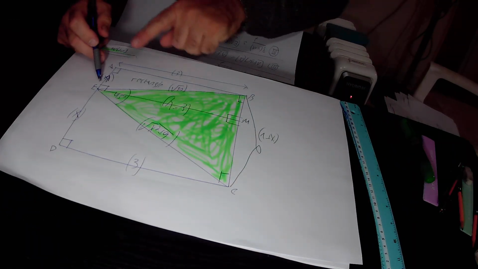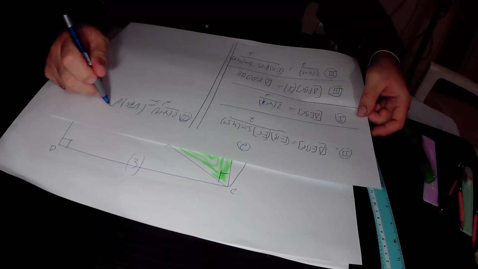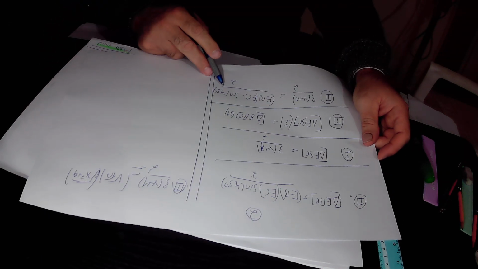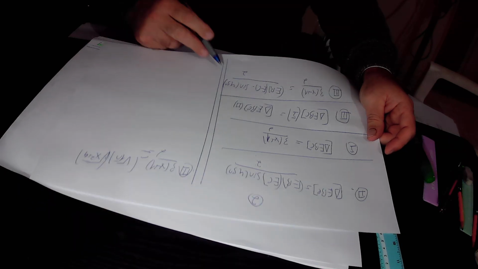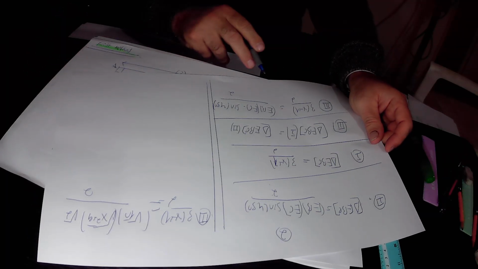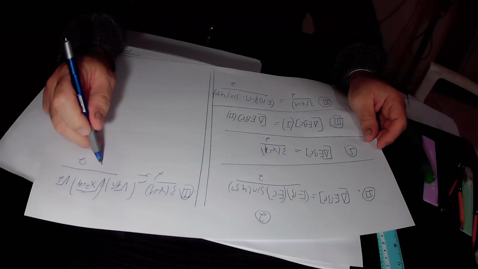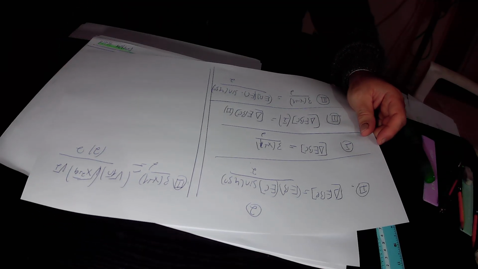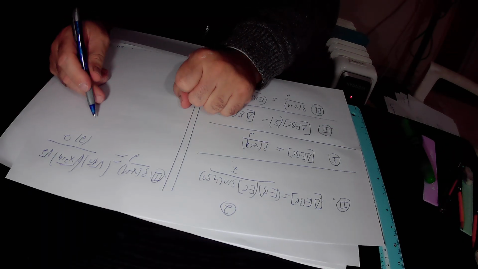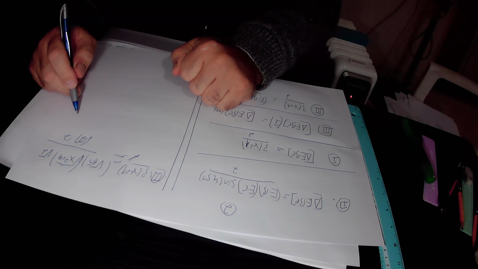The length of side EC is equal to the square root of x squared plus 9, times sine 45 degrees. Sine 45 degrees equals the square root of 2 over 2. And we have to divide all by 2. We have 2 on both sides of this equation 3, so 2 will get cancelled.